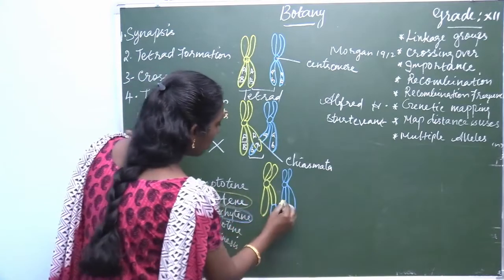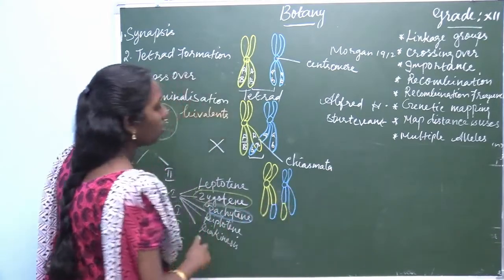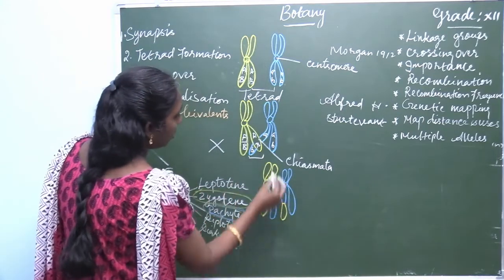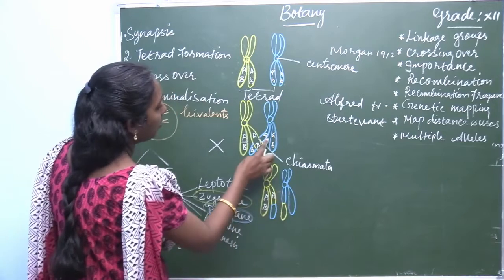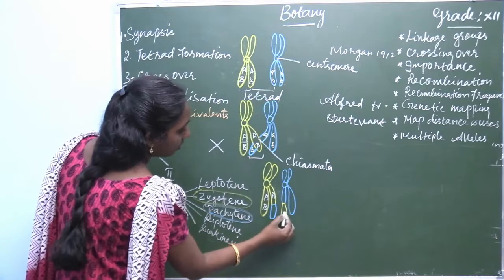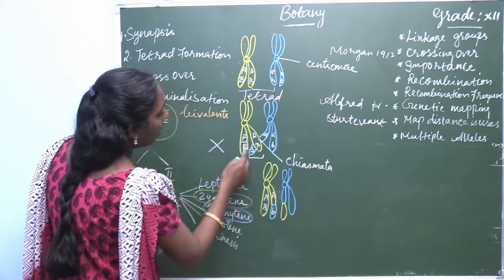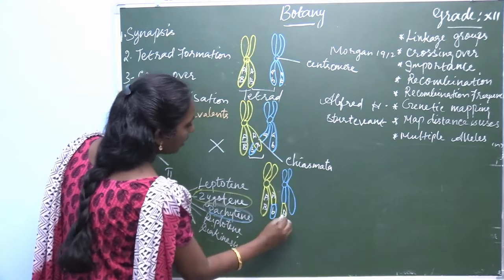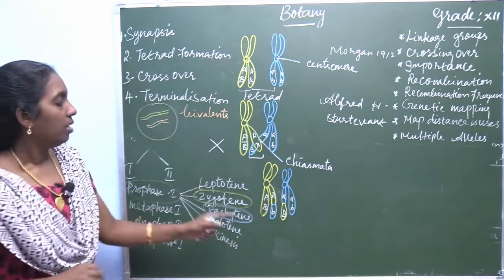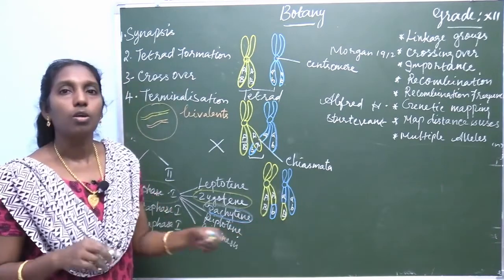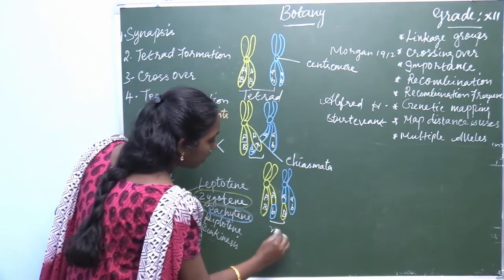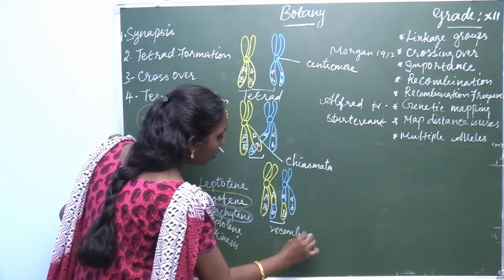So how does it exchange its characters? Here AB, here A, but this segment has small b, and here capital B, here small a, small a, small b. These two genes are called recombinant genes.